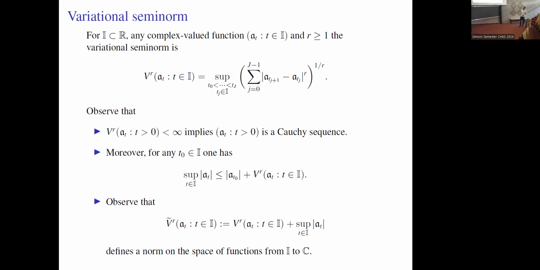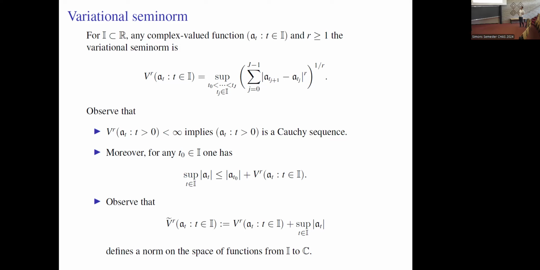So the first thing I want to introduce is the variational seminorm. So what happens here is we assume that we have some sequence a_t, where t is in I, a subset of R. You may think that this is just a set of integers or dyadic numbers, or this is a half line, or this is the whole R. And then for such a sequence, we define the variational seminorm, which is the l^r norm of all possible differences.